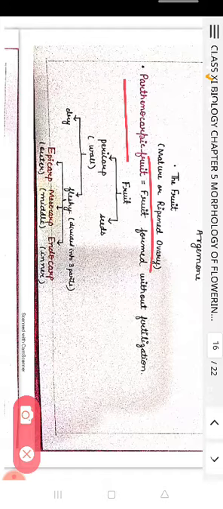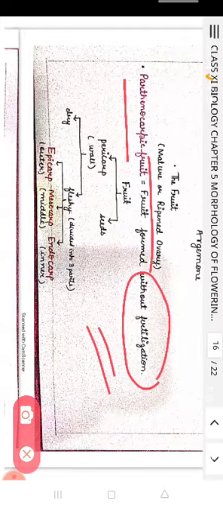Fruits formed without fertilization. The important word is without fertilization. So this is the fruit. Fruit is a mature or ripened ovary, and when fruit is formed without fertilization, then it is known as parthenocarpic fruit.